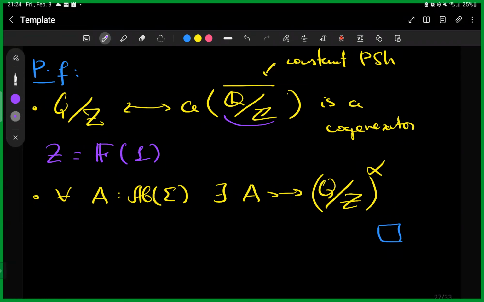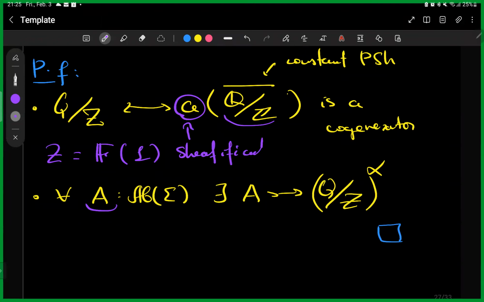What is A? A is just an arbitrary abelian group object. That's the sheafification functor.